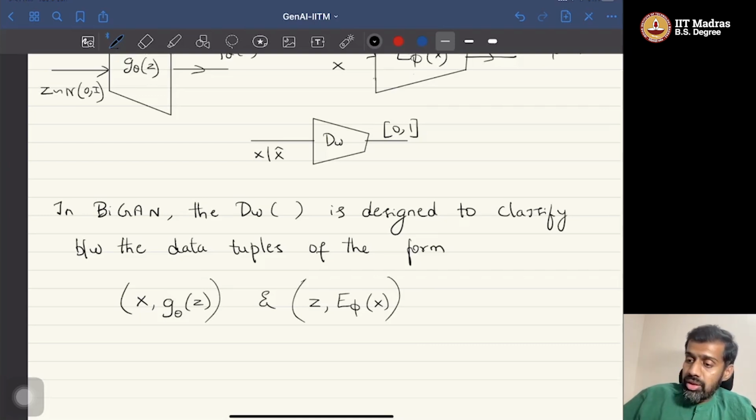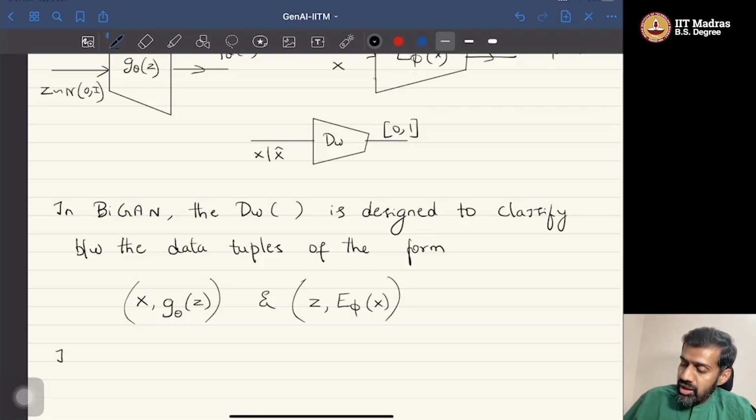Okay, so what is being done here is the following: in a naive GAN, the discriminator discriminates between x and x cap, right?